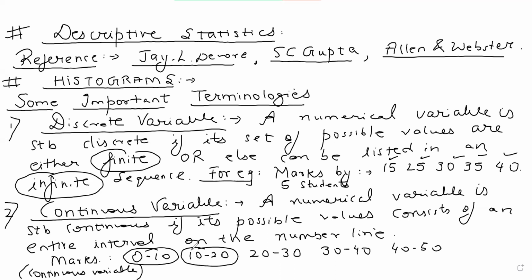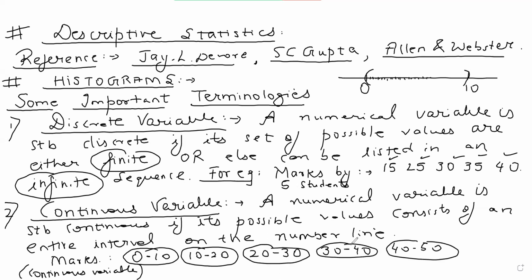Between 10 to 20, we again have infinite real numbers. I can break down an interval into infinite points, and I can't count them. Similarly, 20 to 30, 30 to 40, 40 to 50. So in the second case, marks is a continuous variable because it takes values in an interval and you cannot count them. In the first case, marks by 5 students is a discrete variable because it's taking fixed values which are finite.